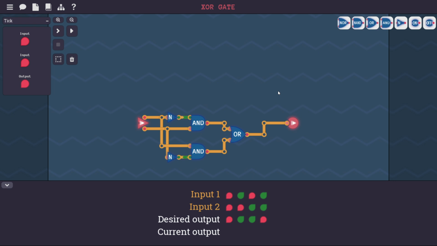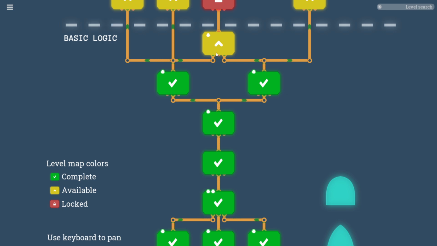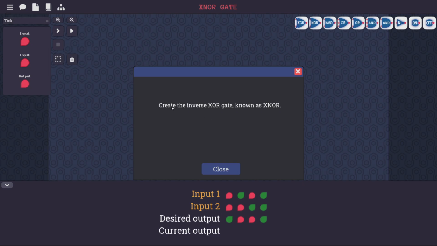Our aim is to know what our output would be. For the XOR gate, it says create the inverse. As we said, it's the inverse XOR gate known as XNOR, because it's doing just the opposite of whatever XOR is doing.